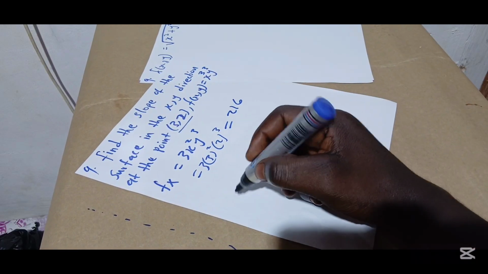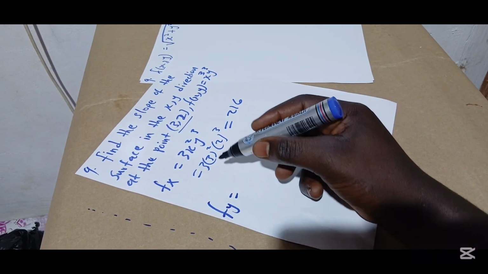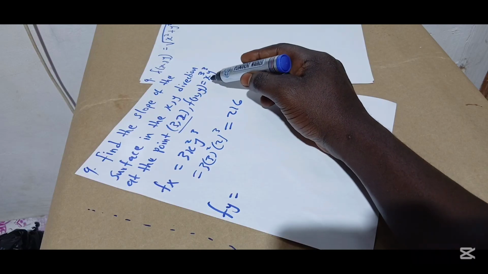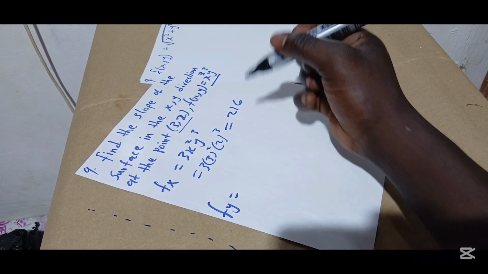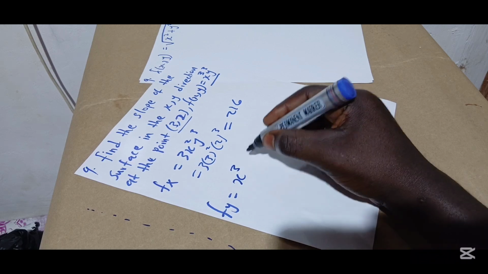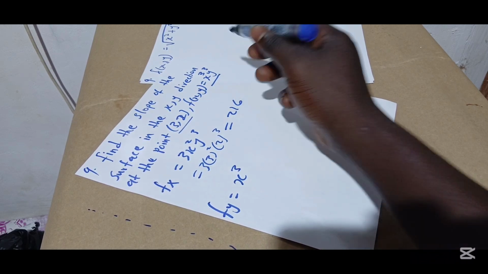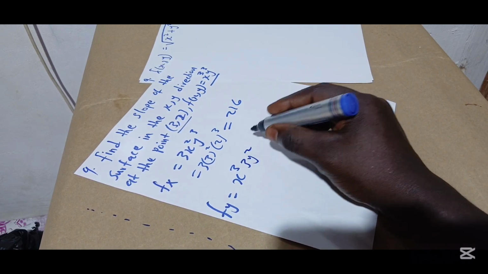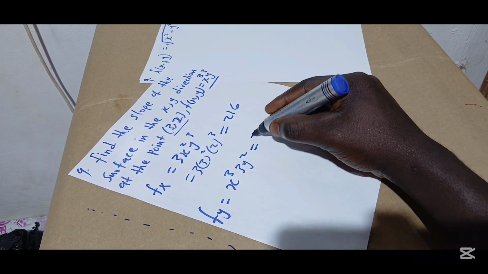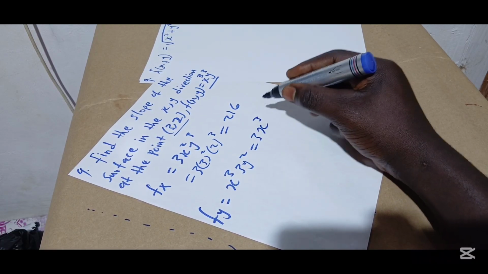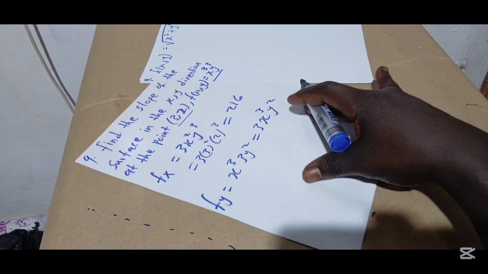So now let's go for fy. For fy, we are differentiating with respect to y, and this is the function x cube y cube. So x cube, and differentiating y to the power 3, we have 3y squared. So further simplifying this, we have 3x cube y to the power 2.